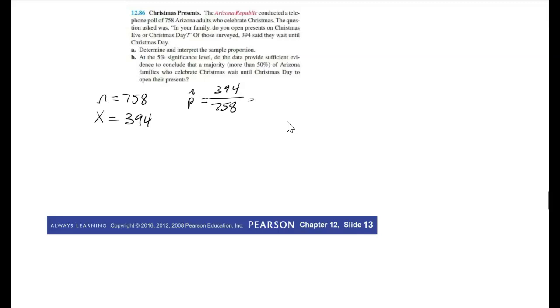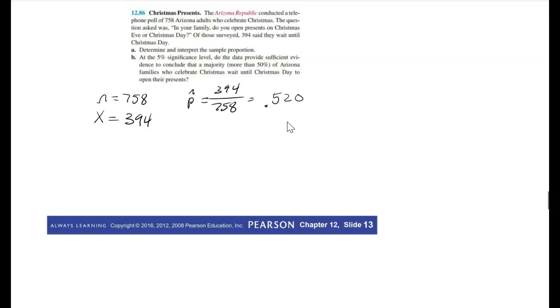And we can round that to 0.52, because if I round, the 9 is going to go up. I'm really rounding it to 3 decimal places, which actually makes it 0.520 in this case. So you do want to round these to about 3 decimal places.